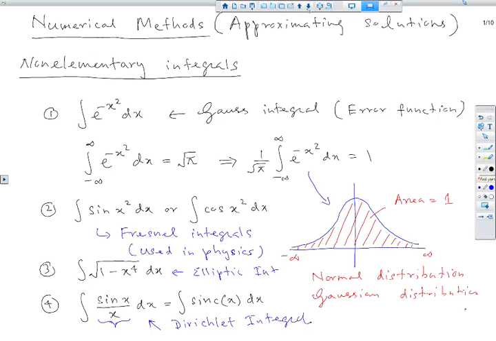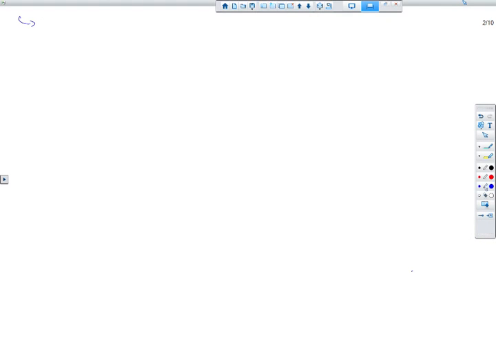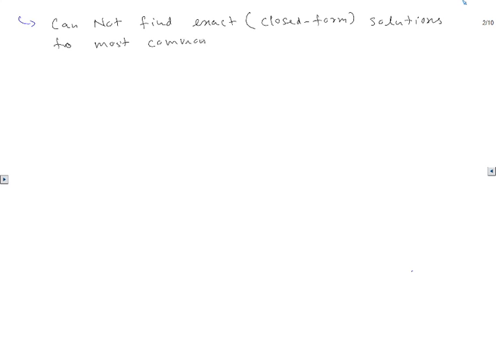So let's go to that idea. What we see is that we cannot find exact solutions, or what we call the closed form, solutions to the most common integrals.